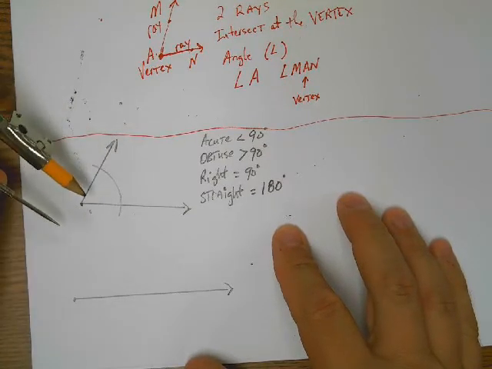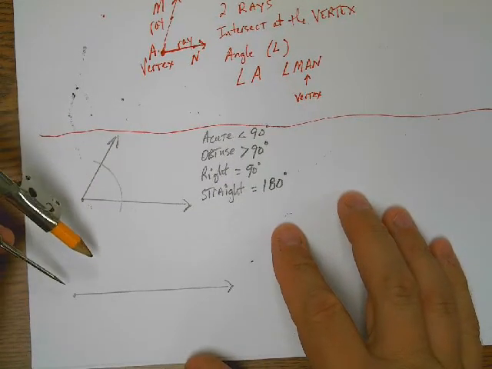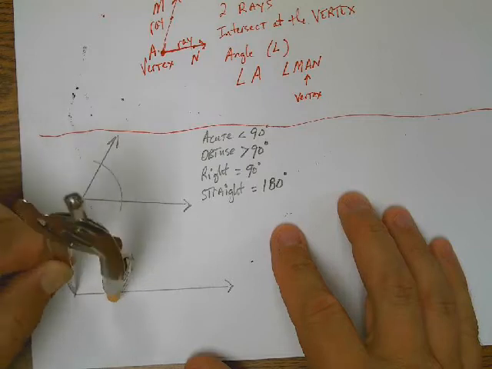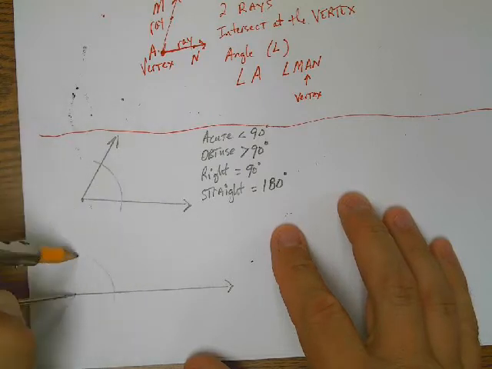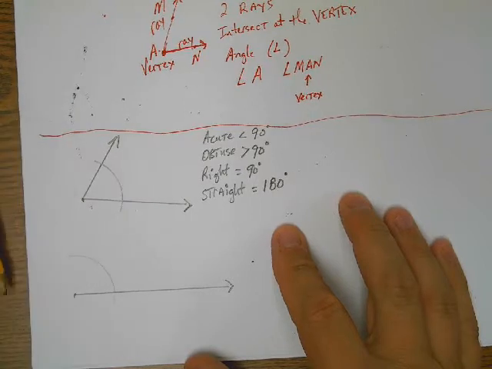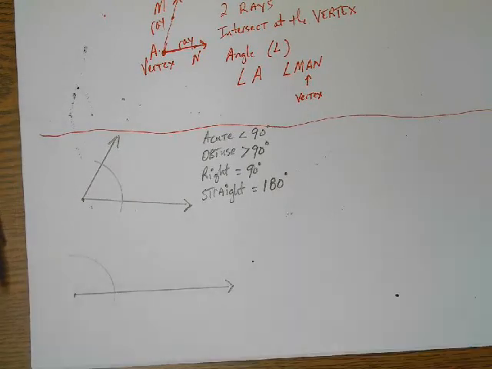And then I move it down, and I make the same arc with the sharp point at the end point. All I've done is use the same width and created two arcs.